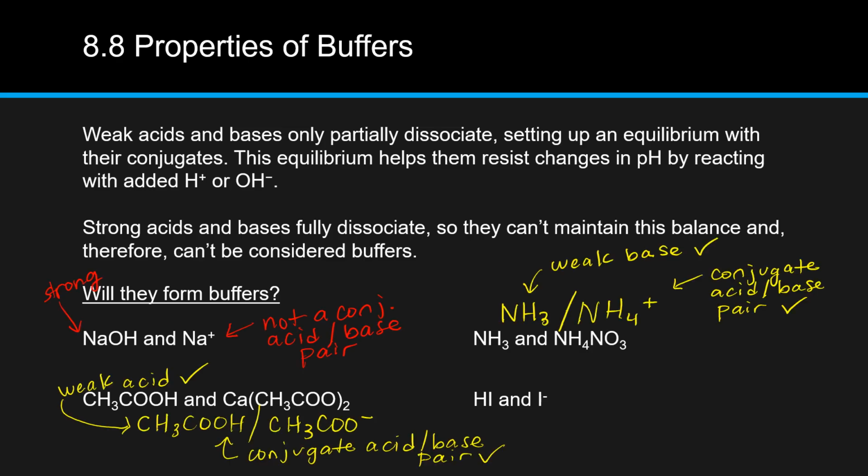And then our last pairing is HI and I-, and even though that is a conjugate acid-base pair, HI is a strong acid, so that would not form a buffer. So out of these four options, NH3 and ammonium nitrate would form a buffer, and acetic acid and calcium acetate would form a buffer.